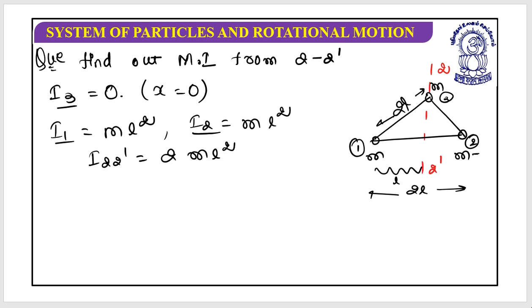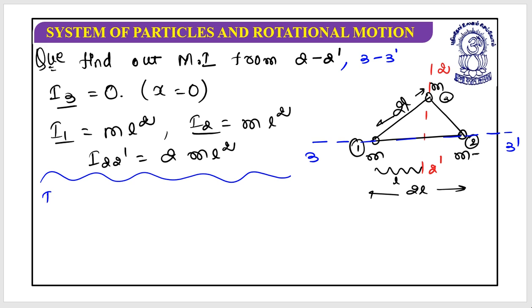Shall I add something? Let's have a look. This is the rotational axis. Let me call it 3 3 dash, apart from 2 2 dash and 3 3 dash. So let's work on this.